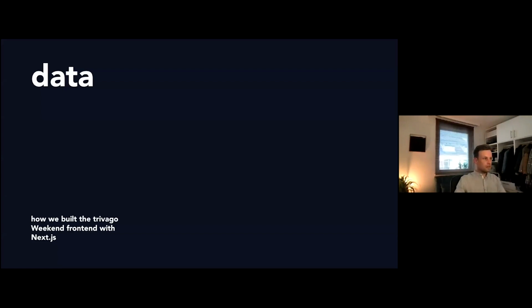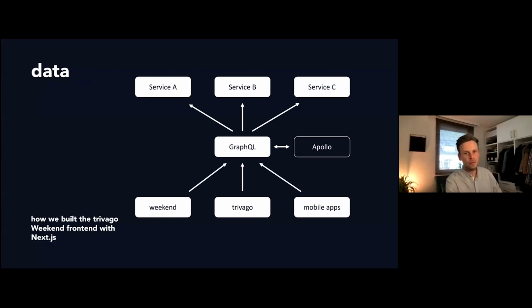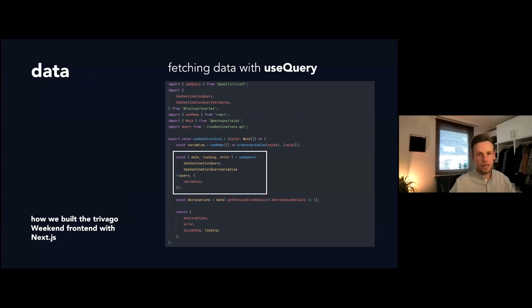Which brings us to the point of data. As I mentioned before, we have a central GraphQL server that our mobile apps, the trivago website, and our Weekend website are talking to. And this server is basically connected to all our backend services and basically composes all the data that we need or that we request within a query and sends it back to us.